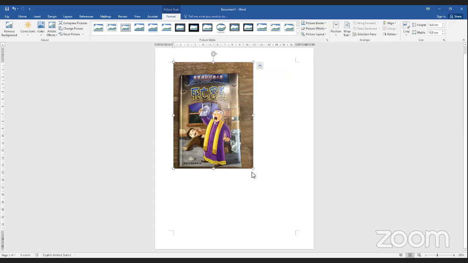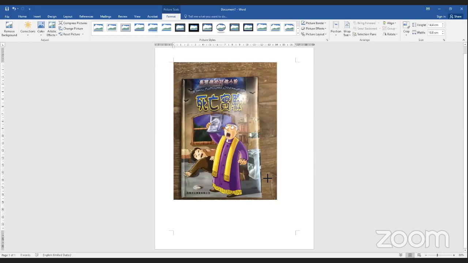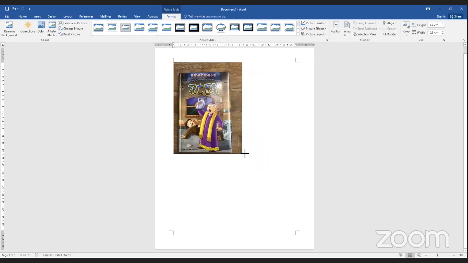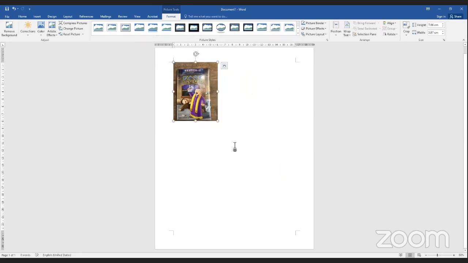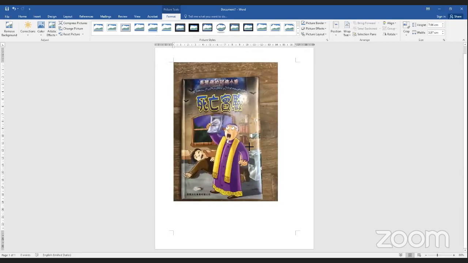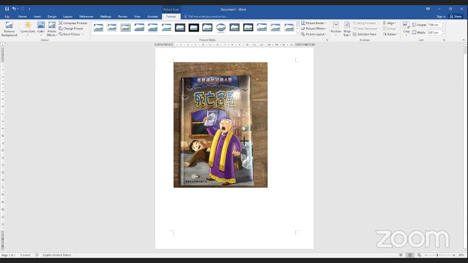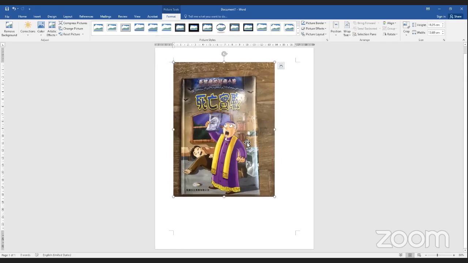Now, when we press the Control key, you'll find the picture is getting smaller, but just by observation it looks similar to the original, because in this case we keep the proportion.